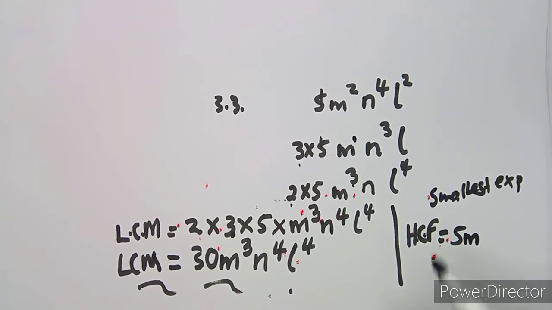So you've got m, n with the smallest exponent, and L with the smallest. For the HCF, it must be common, with the smallest exponent. For the LCM, you take every term as it is, but when the terms are common, you take the one with the highest exponent. That is the trick between the LCM and the HCF. As you can see, it repeats now and again.